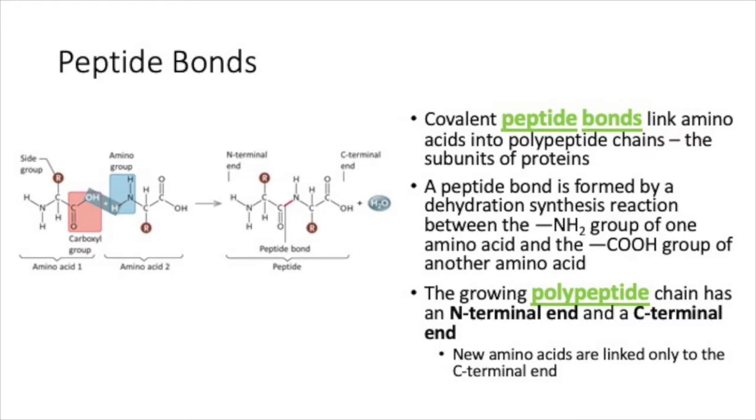Okay. Covalent peptide bonds: we go through dehydration synthesis, right? This is just called a peptide bond. Peptide bonds link amino acids into polypeptide chains. The subunits of proteins go through dehydration synthesis, which links the carbon and nitrogen atoms together.